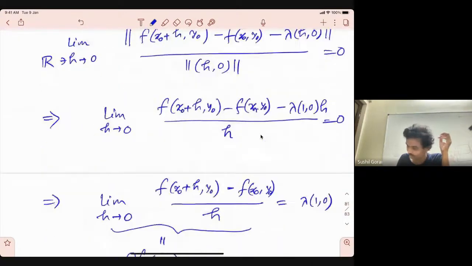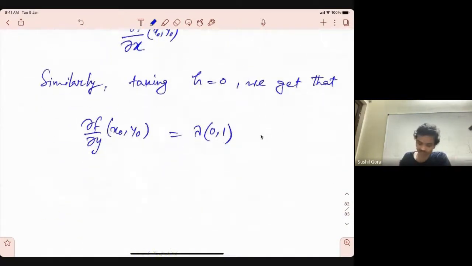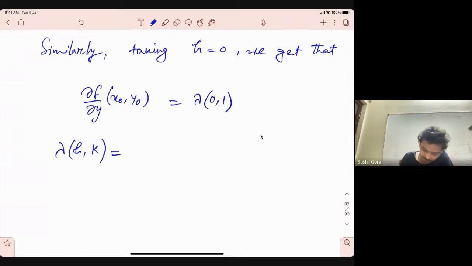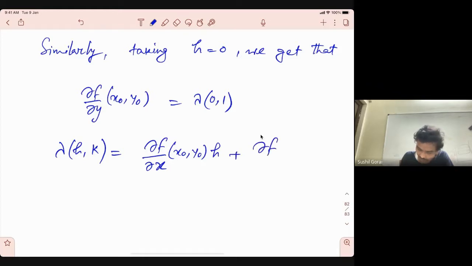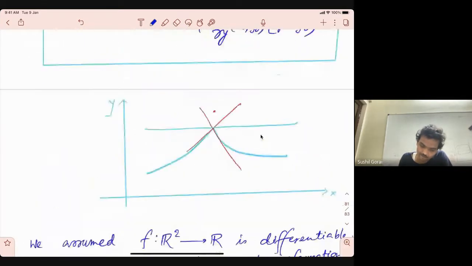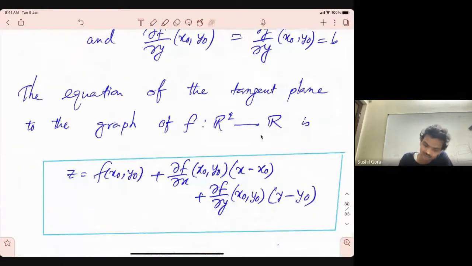So see the relation. Lambda of (h, k) is nothing but del f by del x at x naught, y naught times h plus del f by del y at x naught, y naught times k, right? And that is the relation between the tangent plane and the derivative.